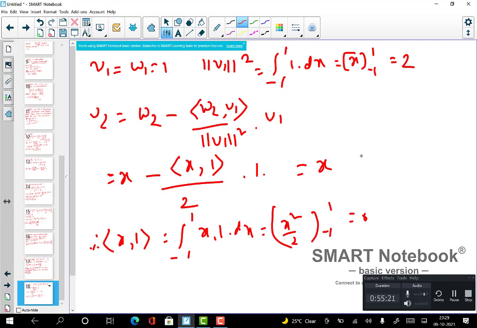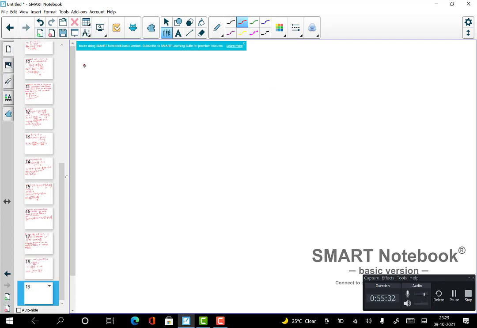And once you have the second one, you can ask what about v3. The first original polynomials are the same as the original basis. Now what is v3?